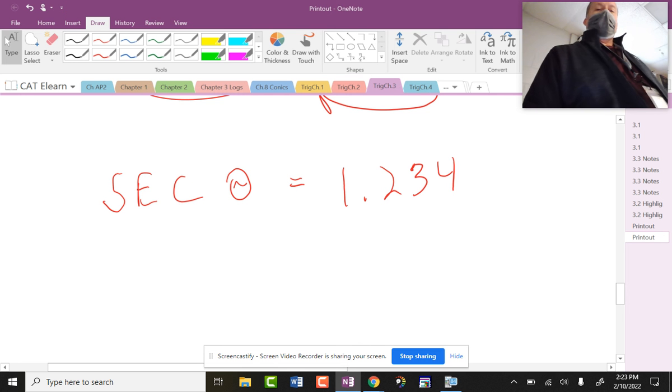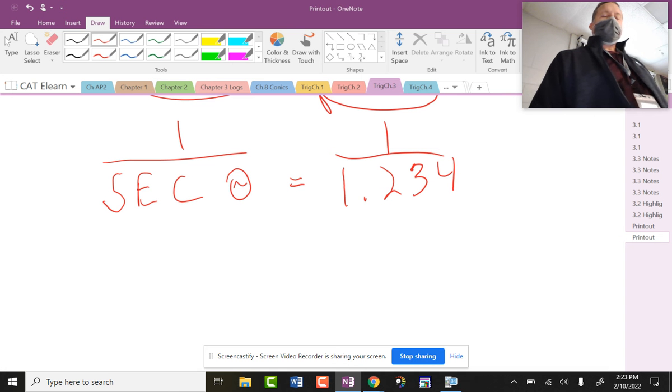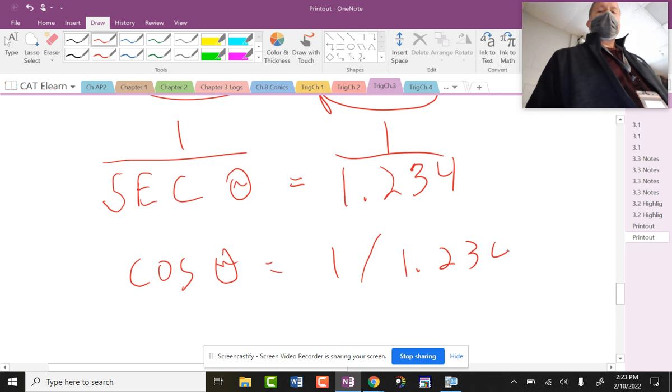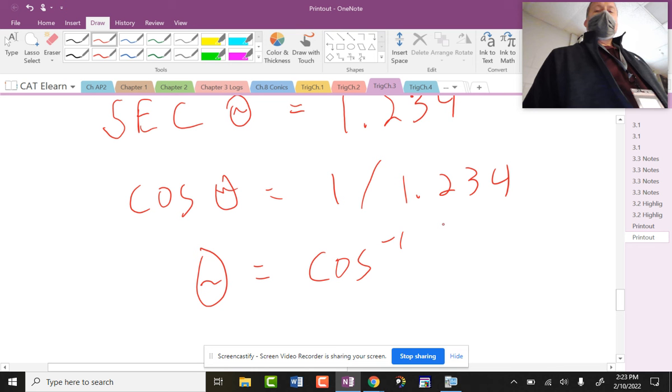All right, so then what do I do? Trick myself and do 1 over. 1 over secant is cosine, and it's cosine of 1 divided by, and then I inverse cosine. And that is not the same thing.